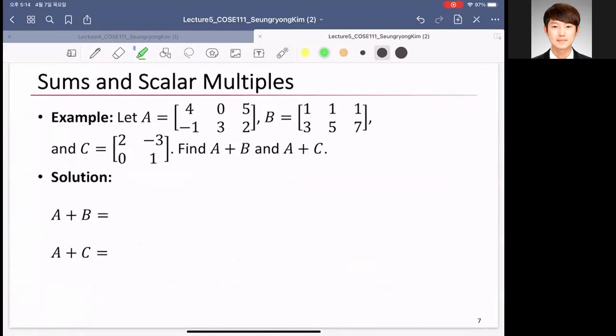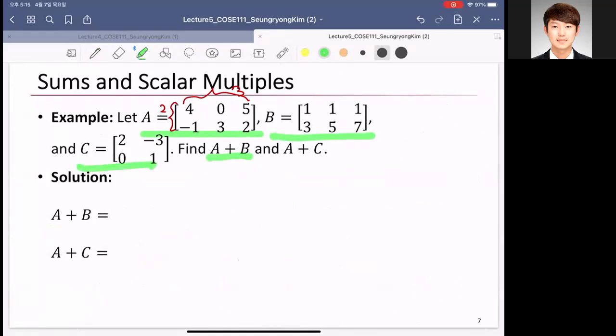Let me show you one example. Suppose matrix A is 4, -1, 0, 3, 5, 2, so the size of matrix A is 2 by 3, with 2 rows and 3 columns. Matrix B is defined like this, and matrix C is defined like this.